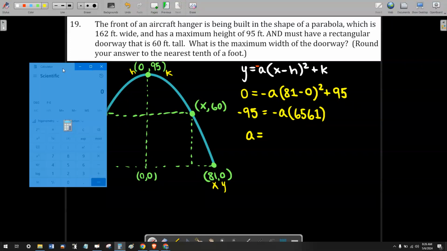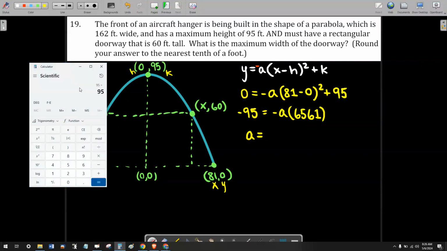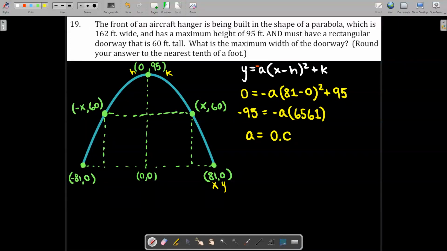There we go. 95 divided by 6,561 is 0.0145.